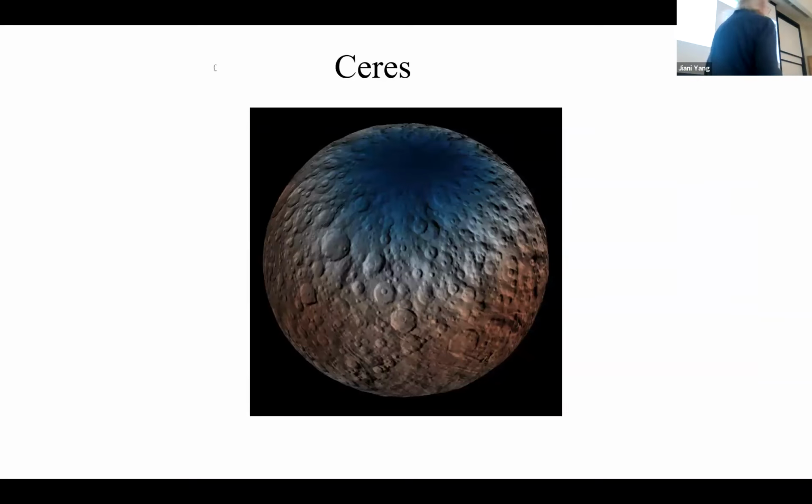Now, here is Ceres. This is the largest body, a dwarf planet, in the asteroid belt. And it's been recently studied by this mission called Dawn.